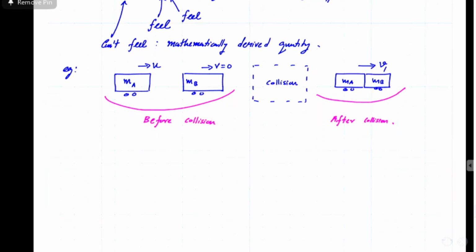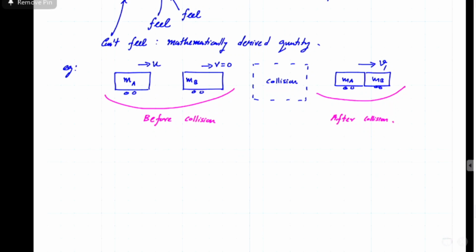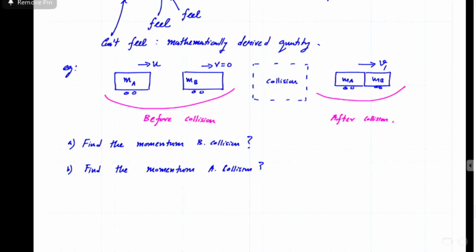Okay, so now what you need to find: A, find the momentum before collision. B, find the momentum after the collision. C, find the momentum difference.